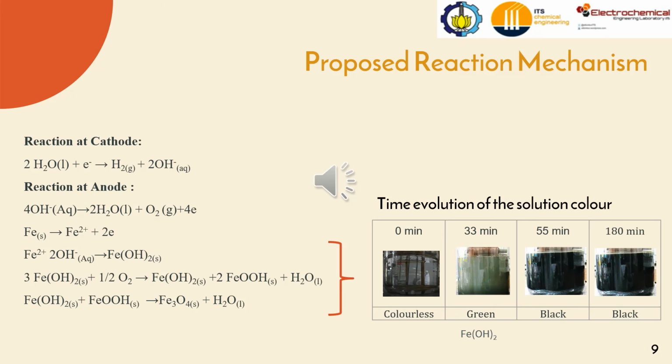It indicates with the green solution. Then if Fe(OH)2 oxidize, we become Fe(OH)2 and FeOOH and water. Fe(OH)2 plus FeOOH become magnetite. It indicates with the black precipitate. The proposed reaction is same as with Fajardo et al.